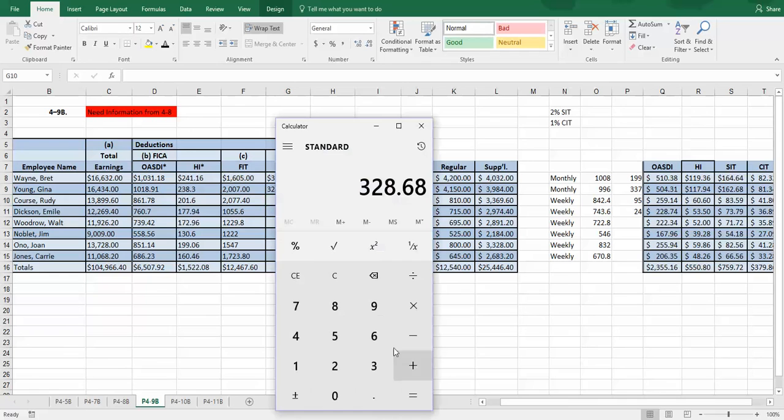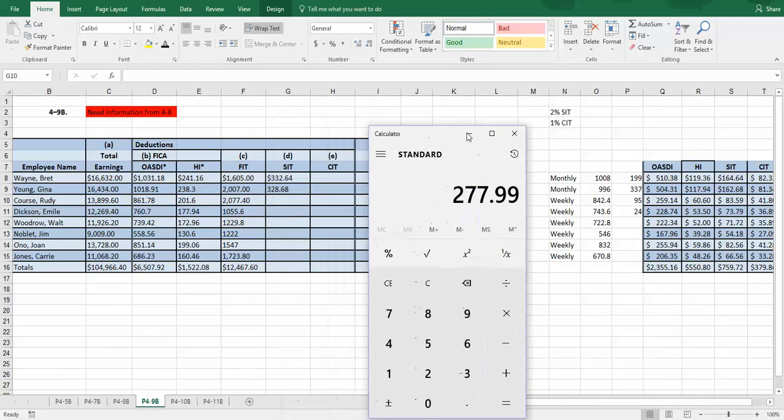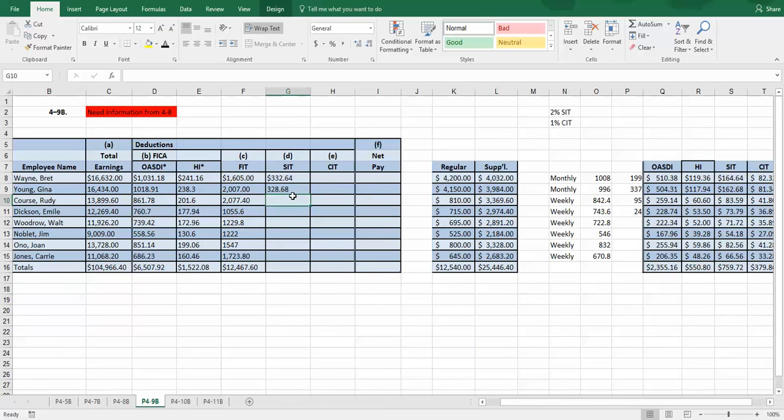Okay, and now let's focus on the weekly employees. 810 times 2% is $16.20 times 12, which are the 12 paychecks that do not have supplemental income. So that's $194.40. We're going to add that to the $83.59 we've already calculated. So that's $277.99.